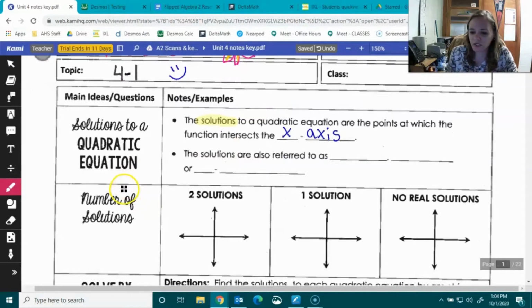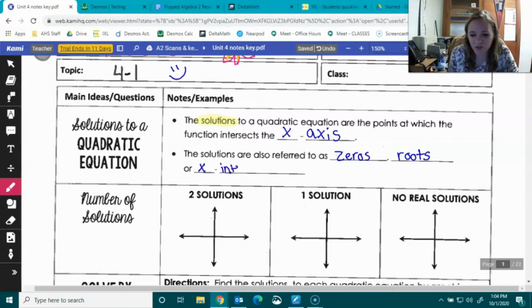These also have other names, known as zeros. So if the directions say to find the zeros, or if it says find the roots, not tree roots, sorry, or the x-intercepts.